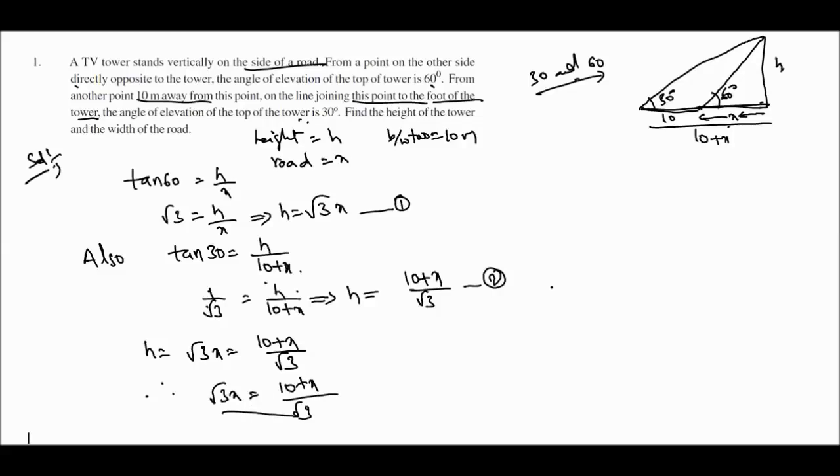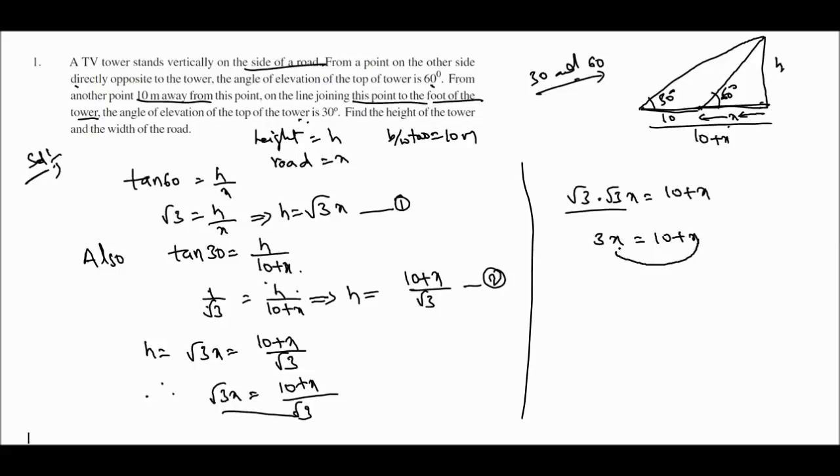So root 3 goes to the other side: root 3 into root 3x is equal to 10 plus x. Root 3 into root 3 is 3, so 3x is equal to 10 plus x. Then x goes across, and 3x minus x is equal to 10, so 2x is equal to 10. So x is equal to 5, the answer.